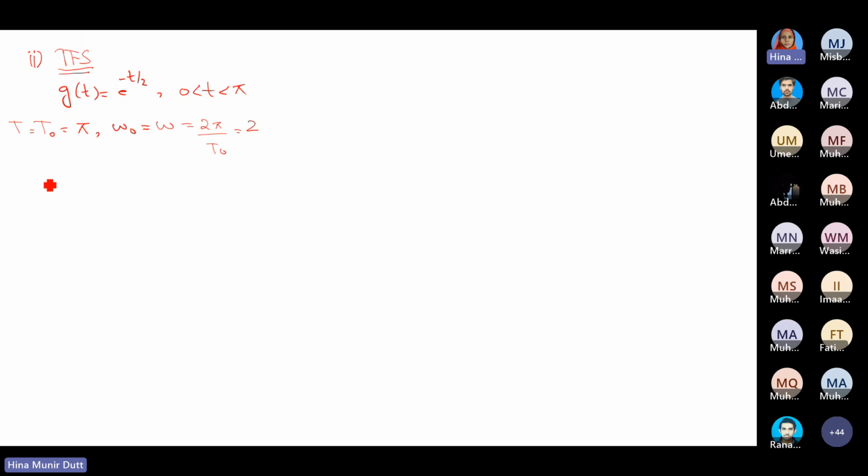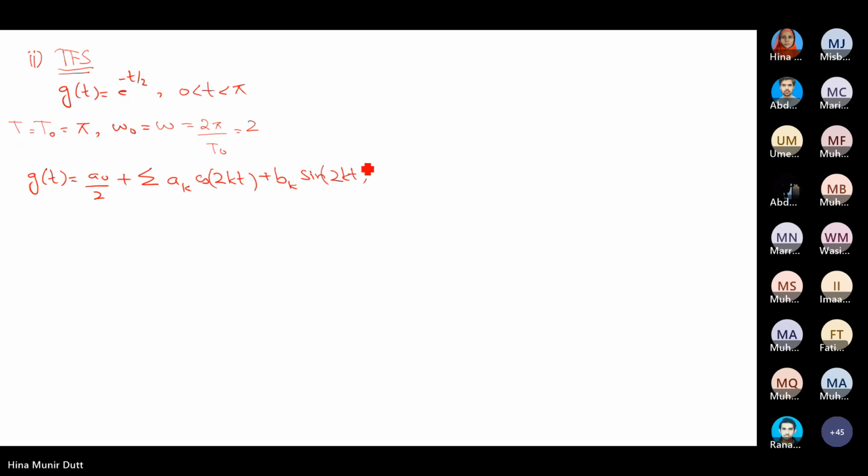So trigonometric Fourier series is given as g of t is equal to a naught over 2 plus summation ak cos k omega t. Now omega is equal to 2, so I have cos 2kt plus bk sine of 2kt.